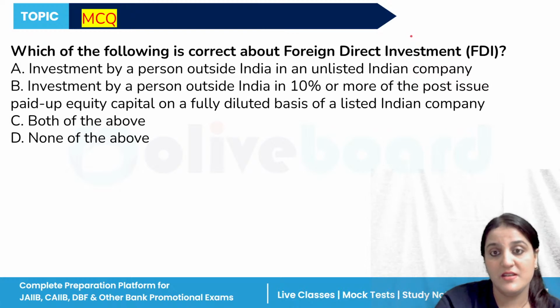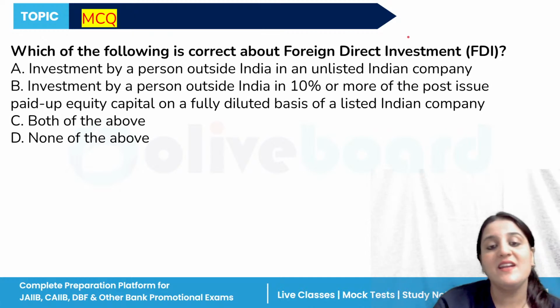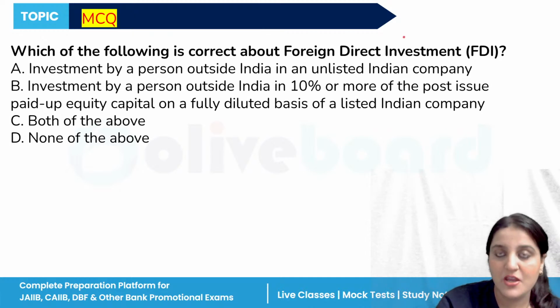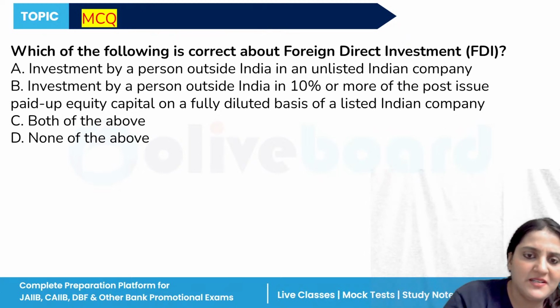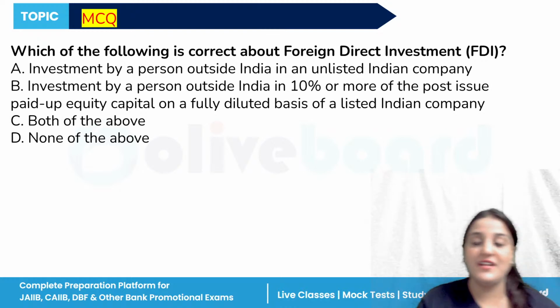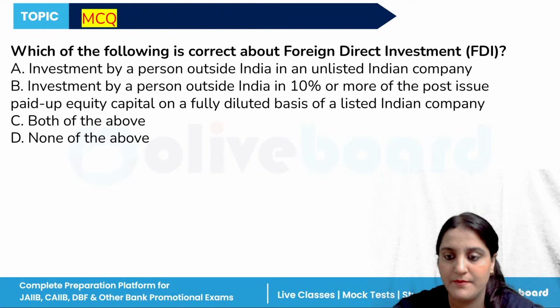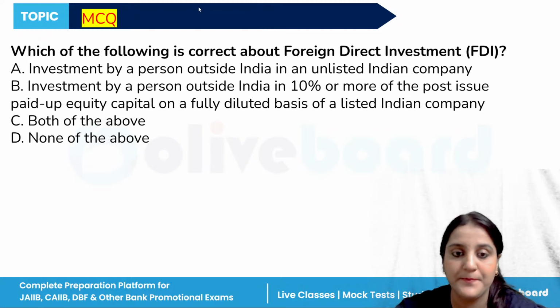Which of the following is correct about FDI? FDI is an investment through capital instruments by a person resident outside India in an unlisted Indian company, or in 10% or more of the post-issue paid-up capital on a fully diluted basis of a listed Indian company. What is the meaning of FDI?